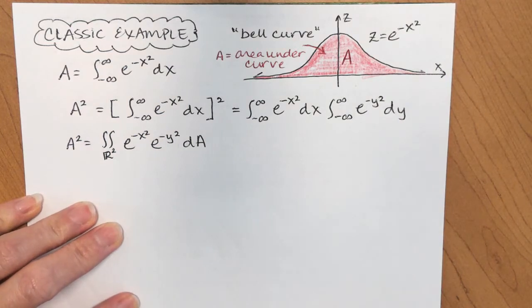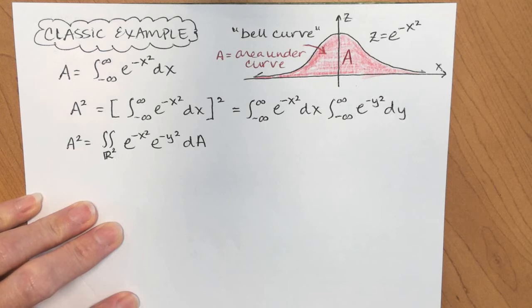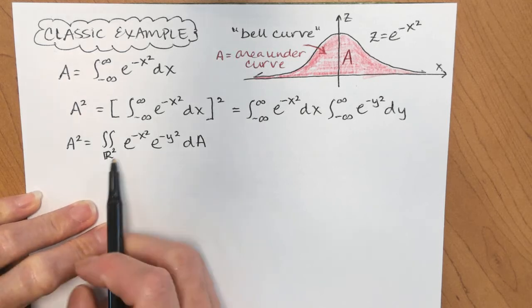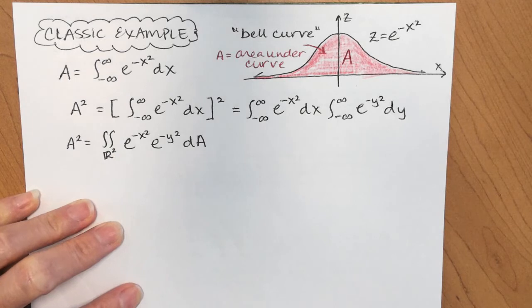Now this is different than the version of Fubini's theorem that we talked about, because that version was over a domain which was a bounded rectangle. And this is an improper integral over an unbounded domain. All of R2 is an unbounded domain.